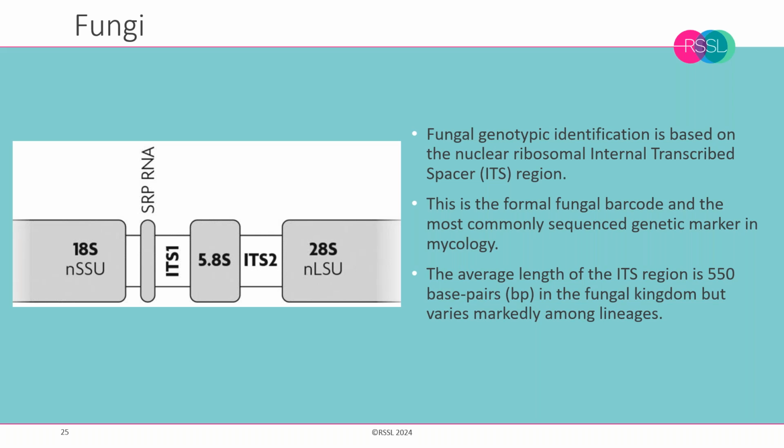And that's all based on the average length of this ITS region, and how that varies amongst different lineages of fungi. And so far, around 160,000 species of fungi have been characterized. That sounds a lot, but it's actually still a relatively small number of the entire fungal kingdom.